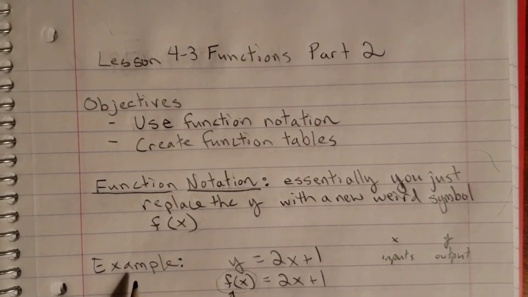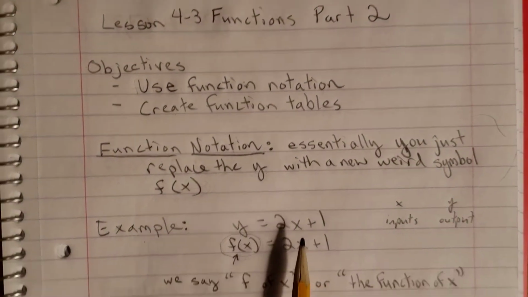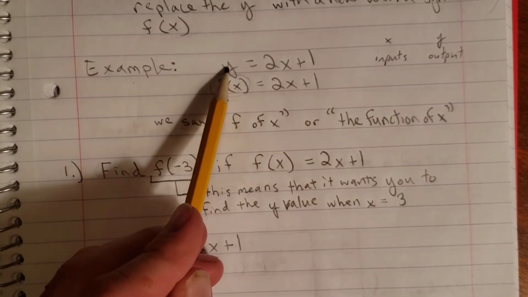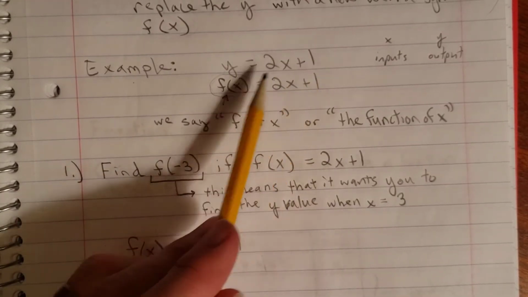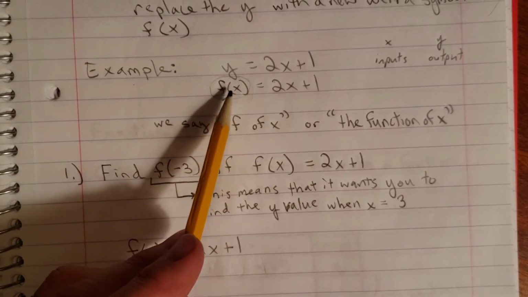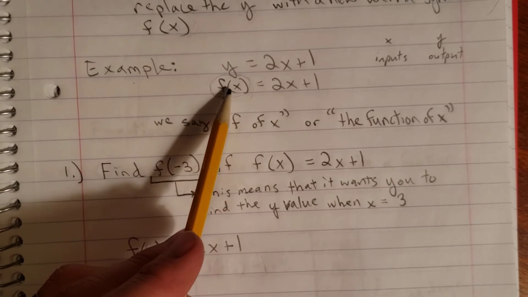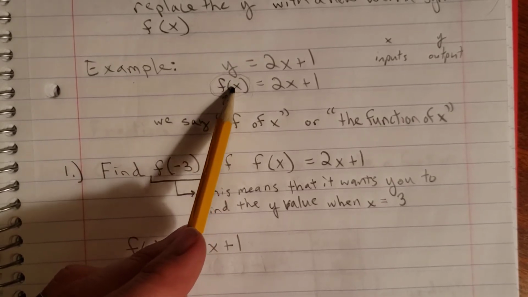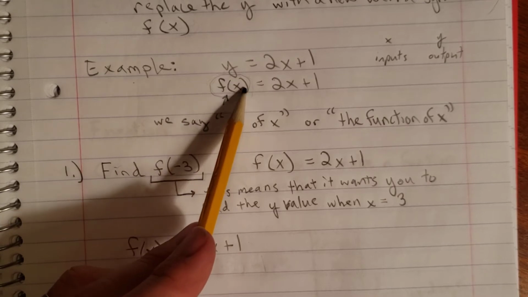So here's an example. We take out this y in y equals 2x plus 1, and we put in another symbol that represents essentially the same thing. It just gives us one little insight that a regular y doesn't. It gives us this little x in the parentheses.